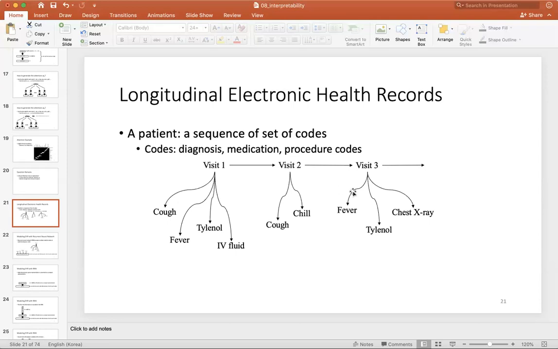And instead of just feeding these visits into the RNN and using the final time step H3 for binary heart failure prediction, imagine you use an attention mechanism on top of this. Then you're explicitly combining all the visits, H1, H2, H3, and that can indicate the importance of a certain visit.